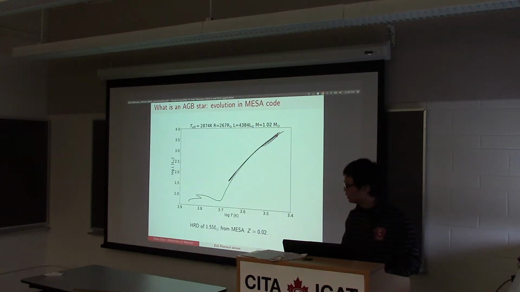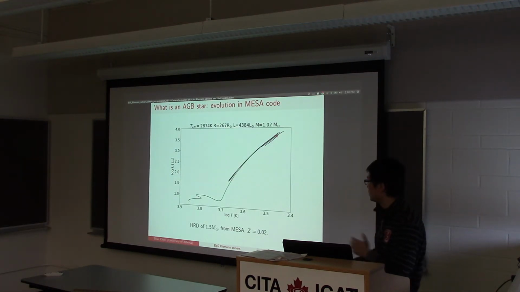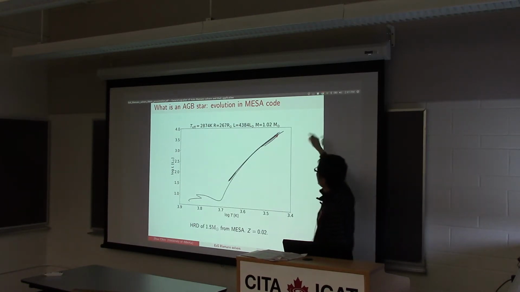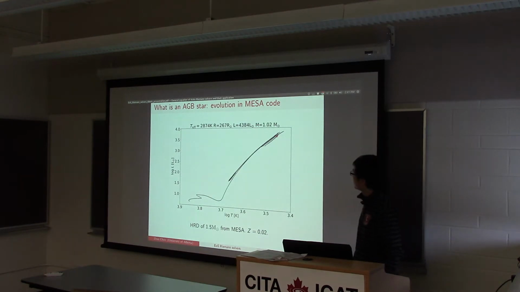In the MESA code, if we start with a 1.5 solar mass star with initial metallicity of 0.02, then when it reaches 1.02 solar mass, it is marked with a red star.